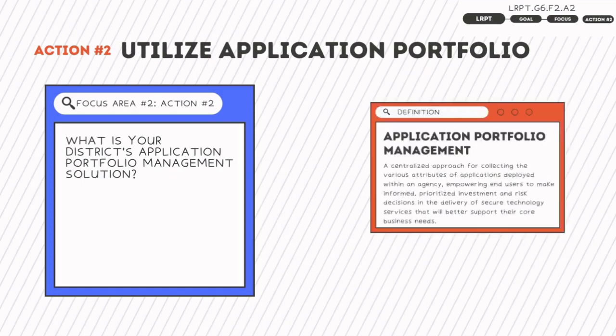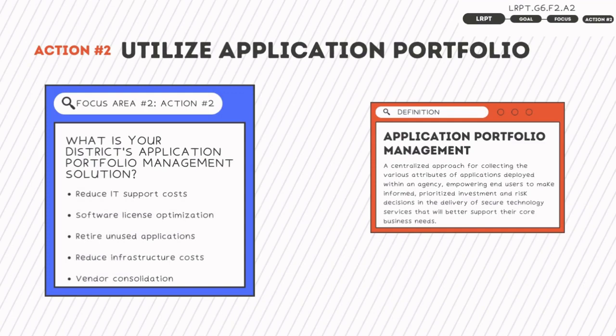The Texas Department of Information Resources describes application portfolio management as a centralized approach for collecting the various attributes of applications deployed within an agency, empowering end users to make informed, prioritized investment and risk decisions in the delivery of secure technology services that will better support their core business needs.